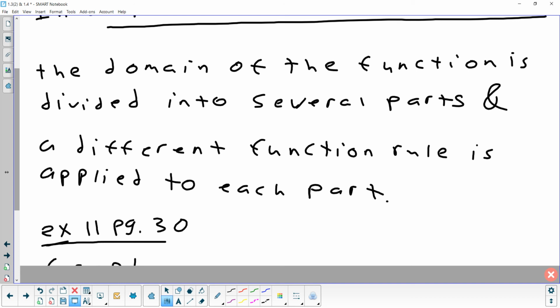Use formula 2 if the value you want to plug in is more than 0. It's like two different formulas. So there's a different rule for each part of the domain. And you could split it up even more than that. You know, maybe use this formula if you want to plug in a number between 1 and 10. Use this formula if you want to plug in a number between 11 and 20. And use this formula between 21 and 30.